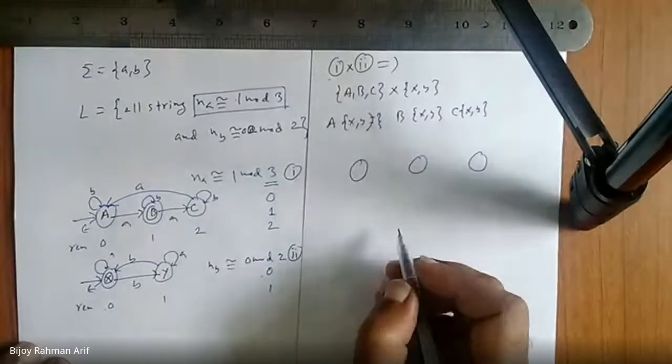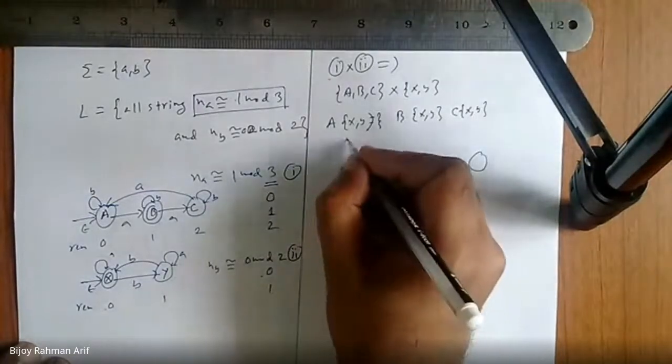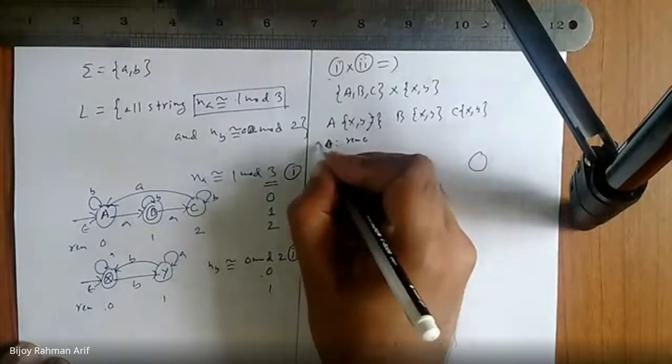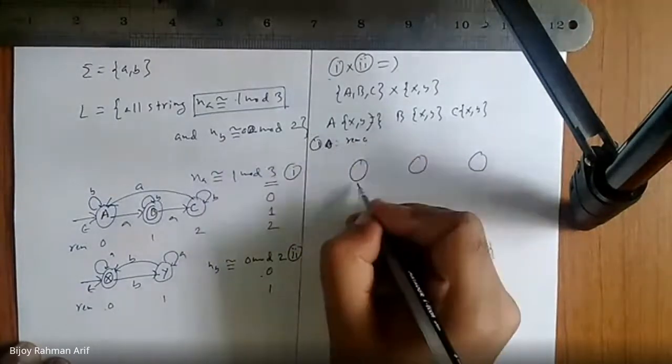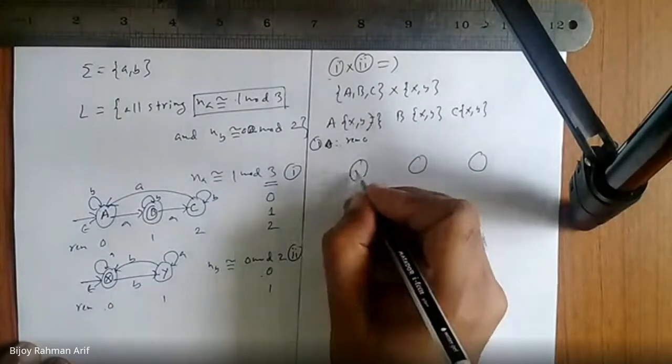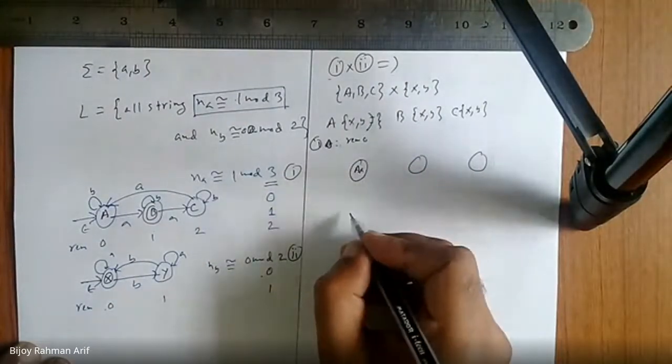Then for this one, on A, for remainder 0, I would have the whole of this part, so it would be nothing but AX and AY.